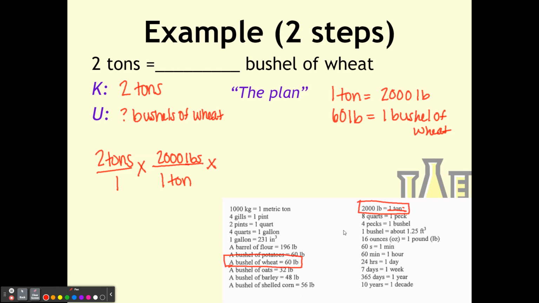I'm still not at bushels of wheat, so I'm going to use my next conversion factor. Pounds is on top here. I want those to cancel out, so I'm going to put pounds on bottom. And it's 60 pounds equals 1 bushel of wheat.